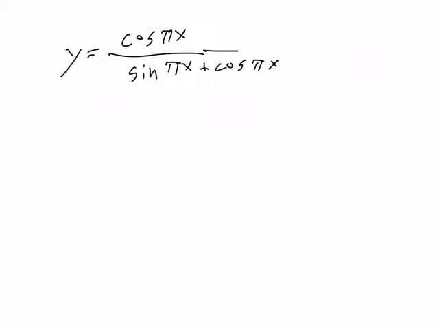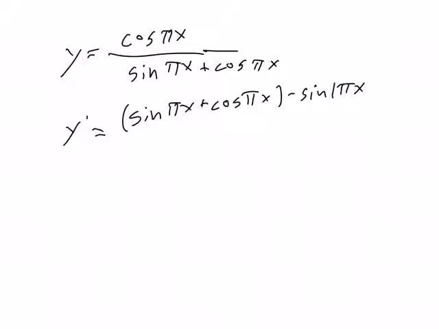Okay, next problem, we have y is equal to cosine pi x over sine pi x plus cosine pi x. So y prime is going to equal sine pi x plus cosine pi x times the derivative of cosine pi x, which is negative sine pi x, times the derivative of pi x, which is pi, again, chain rule.